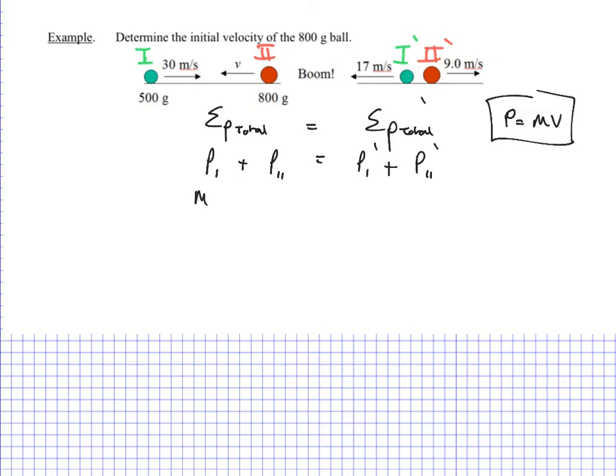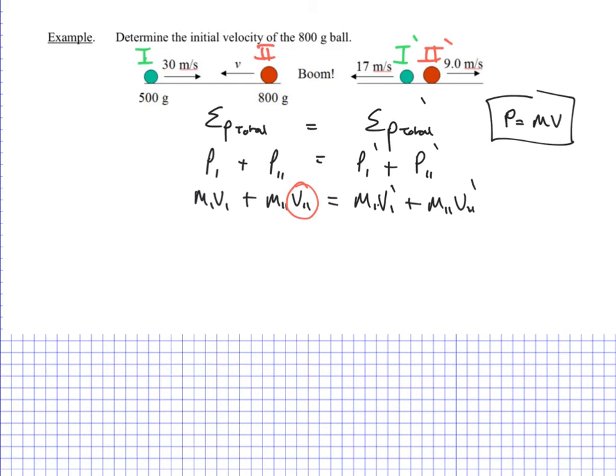So I'm going to go mass 1 v1 plus mass 2 v2 is equal to mass 1 v1 prime plus mass 2 v2 prime. And all I need to do now is start plugging in some values here and ultimately solving for this v2 initial.